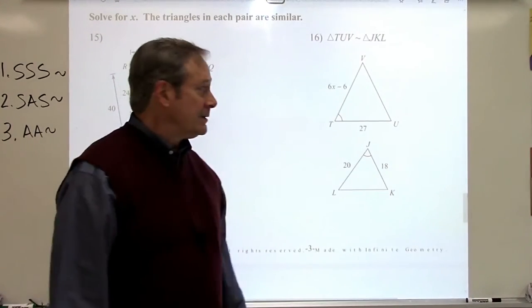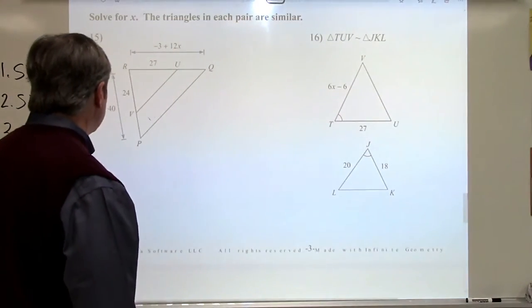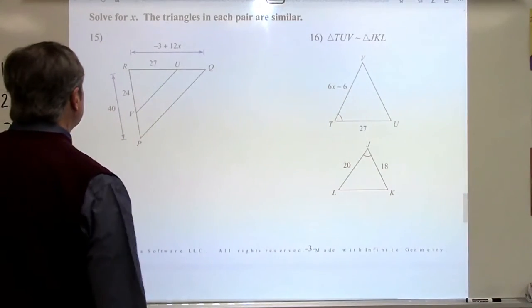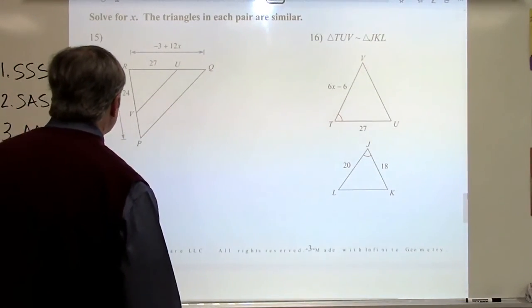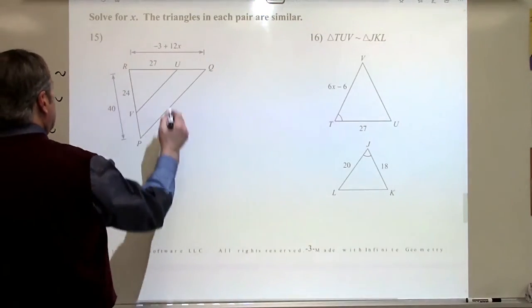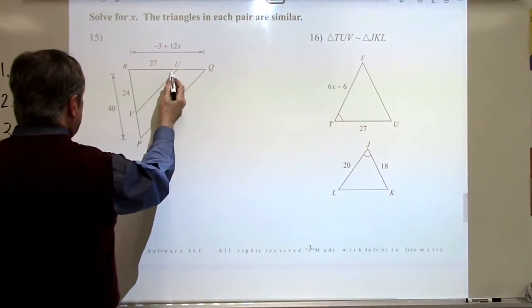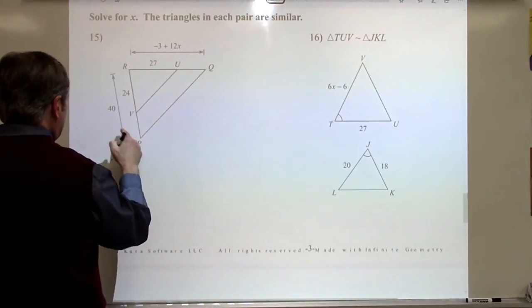All right, class, we're on the last two, 15 and 16. Again, we know they're similar because the instructions told us, we're trying to solve for X. So let's see, how do we want to do this? Well, we can compare this length to that length as to this one to that one.